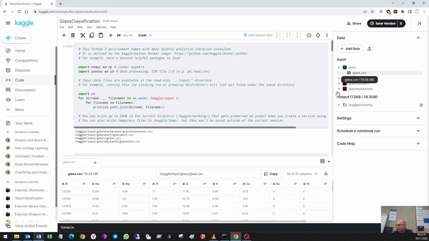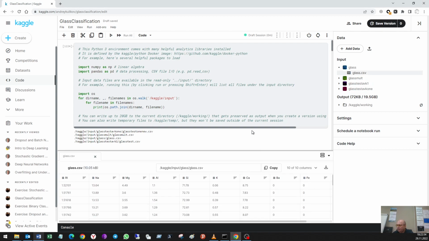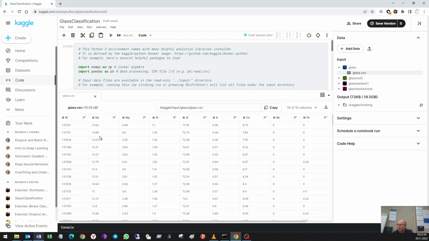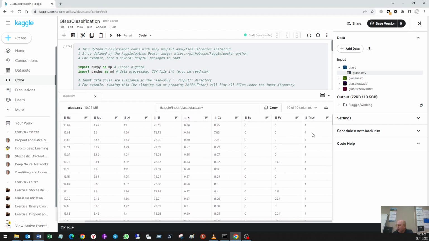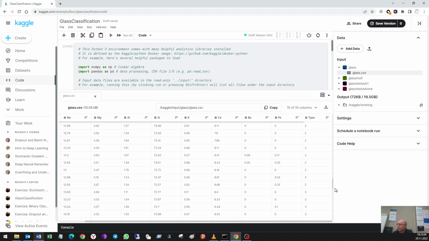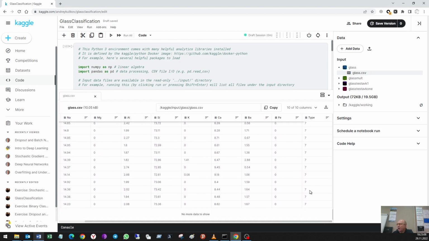I have a data set with some consistency of classes and the type of them. There are seven types from 1 to 7. I want to make a model that will define the type on some data.